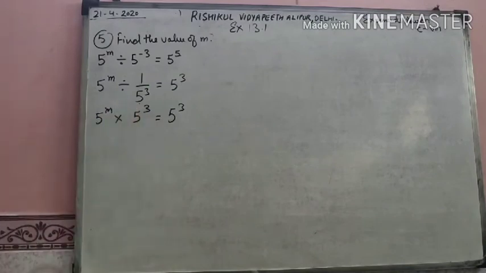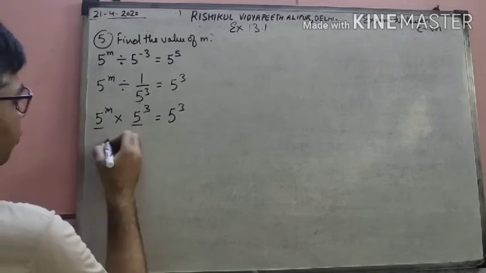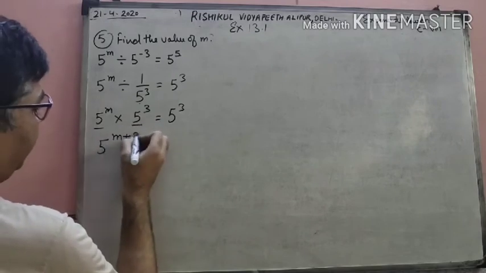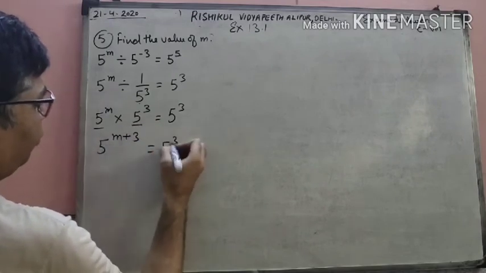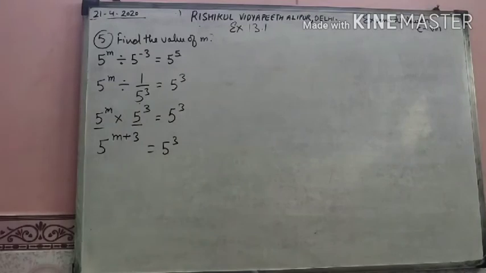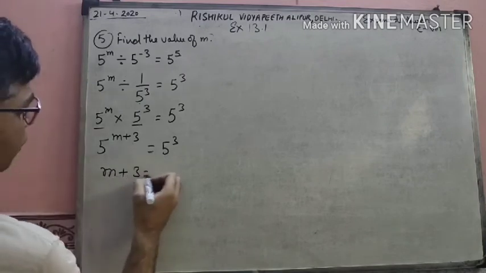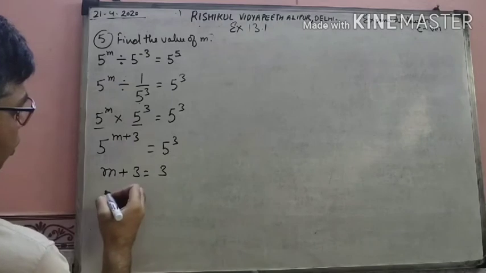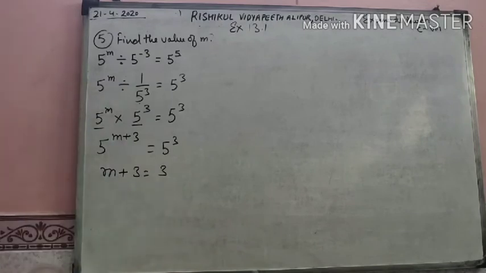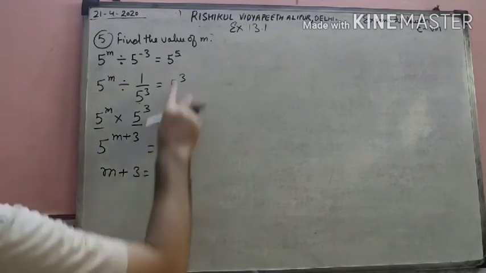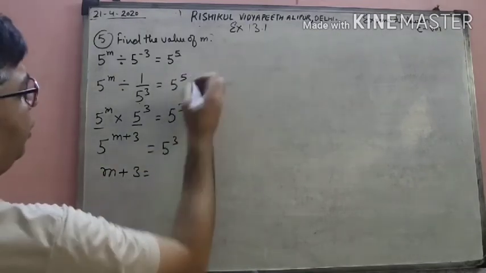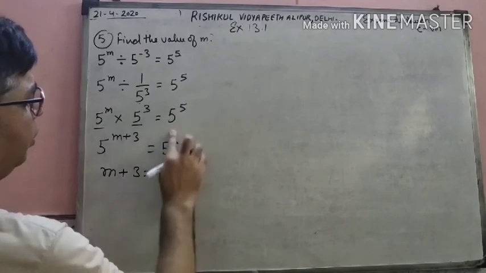Now in this case the bases are the same, so the powers would be added. So m plus 3 is equal to 3. Sorry students, I made a mistake. It is 5. Sorry for that.